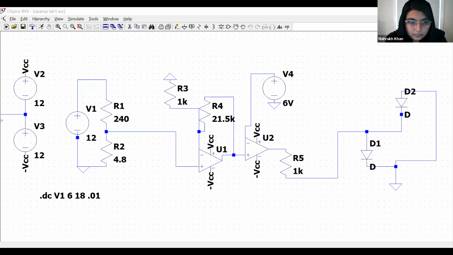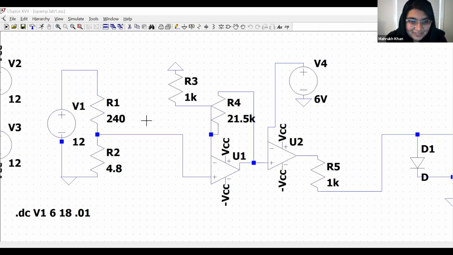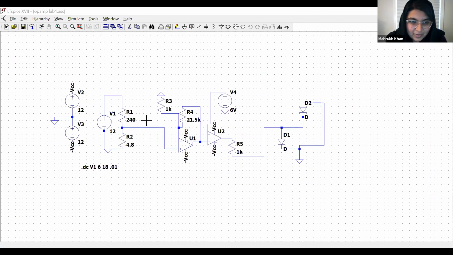So I will show you my output, and then you can make your circuit in LTSpice, okay? Can you see the circuit? Yes. I hope you will make it a little better, but I made it like that.